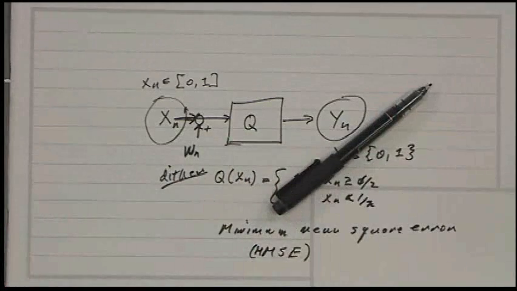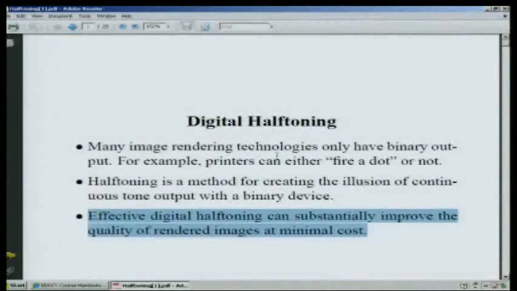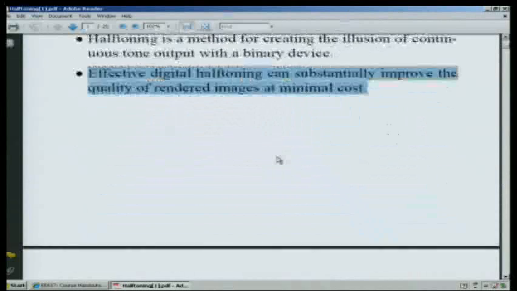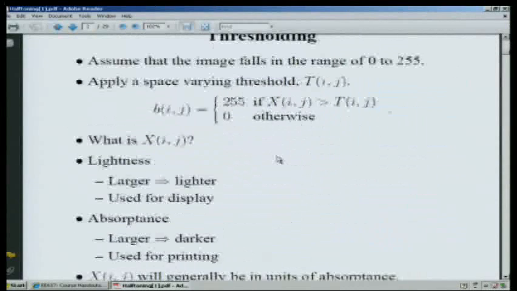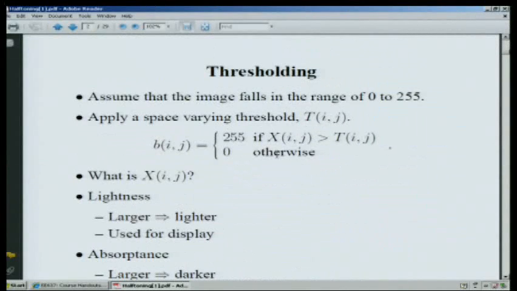So let's go back to the computer. Halftoning is an example of a broader class of problems. In general, we're going to have a threshold. First of all, the image now is not 1D, it's 2D, so it's indexed by i and j, which are positions in the 2D array, and the values are assumed to go between 0 and 255.